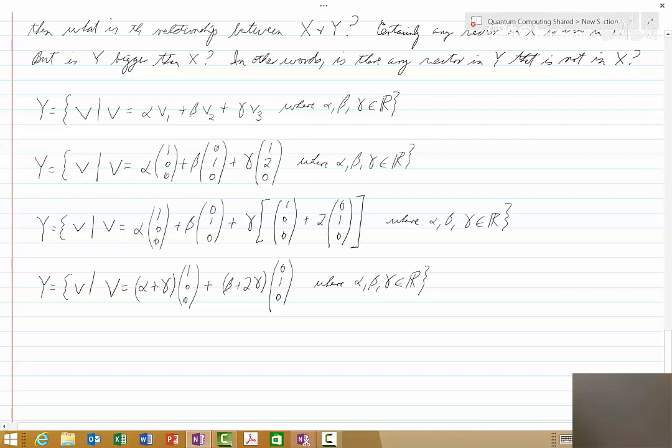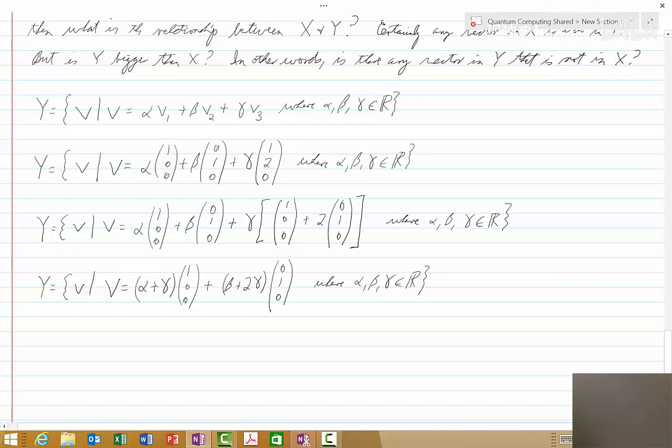And here in going to this line, I've just brought down my definition of V1, brought down my definition of V2, but now the crucial step is that this V3 itself could be written in terms of V1 and V2. And in particular, this V3 is equal to V1 plus 2 V2.